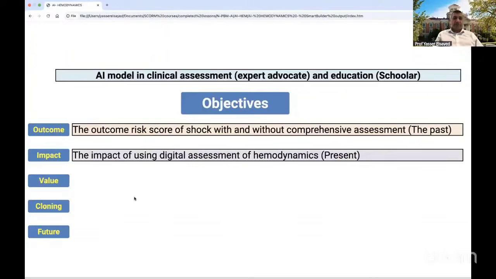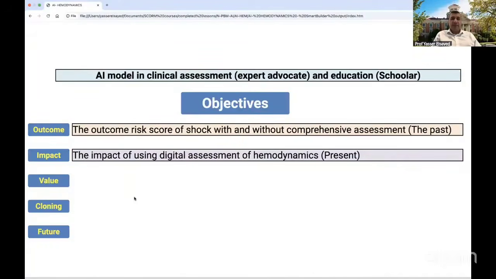The second outcome: we used AI to create digital assessment tools for hemodynamics. And these digital assessment tools, we actually created them, and we started doing that in 2020. That's before the era of ChatGPT and artificial intelligence.